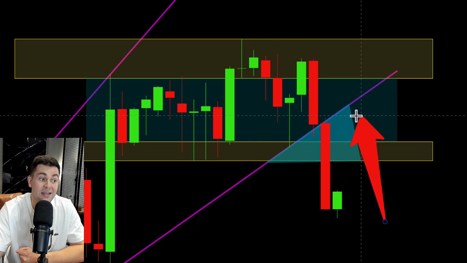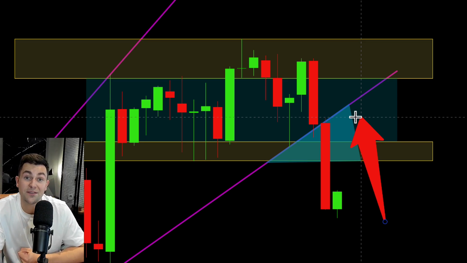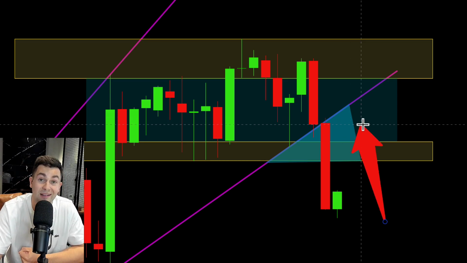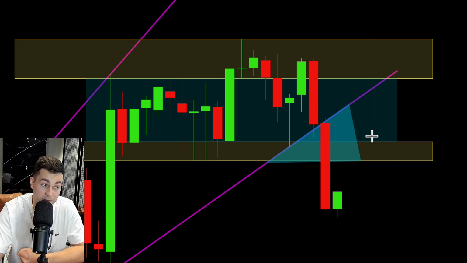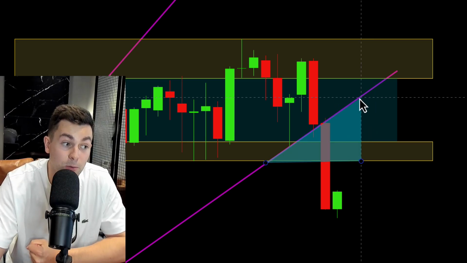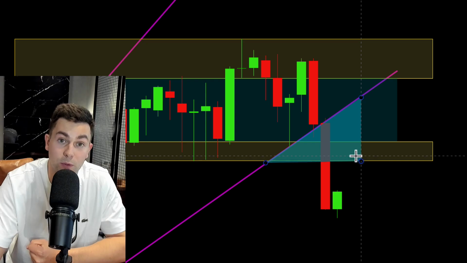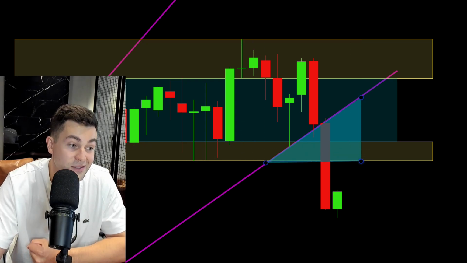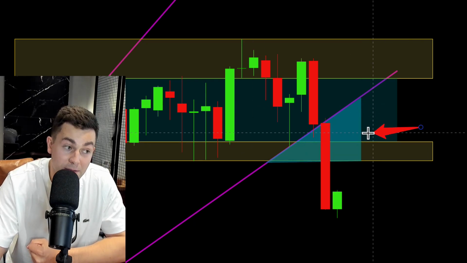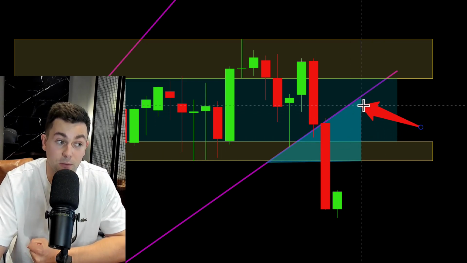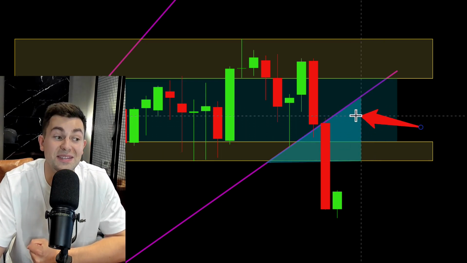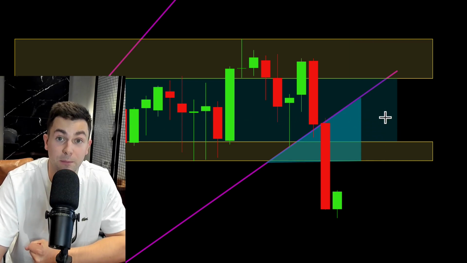And typically such zones are even more significant than classic horizontal supply and demand zones or the trend lines. And of course, after the breakout, when such a zone is broken, such a demand zone turns into a very significant supply zone, the zone where the sellers will start placing their orders.